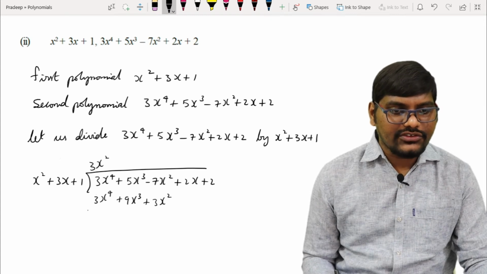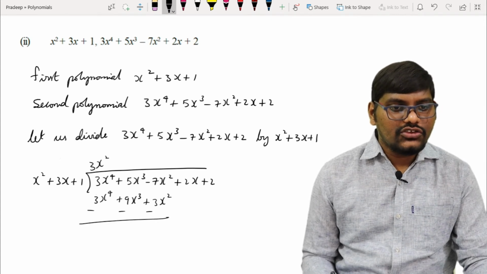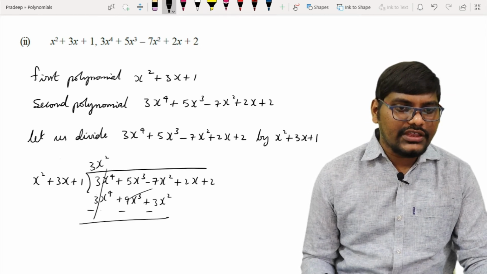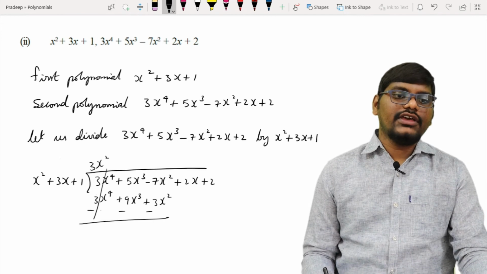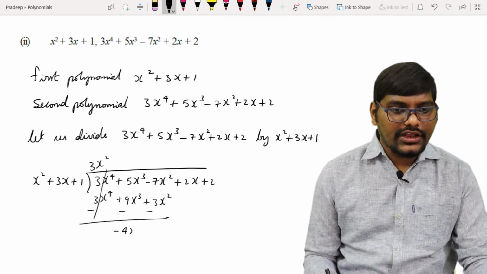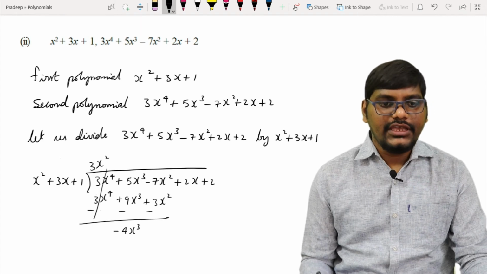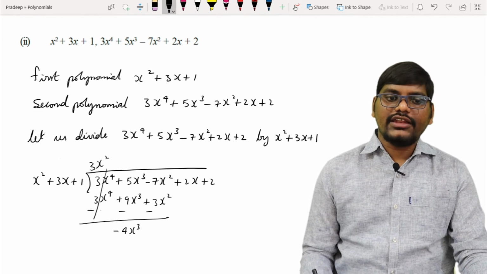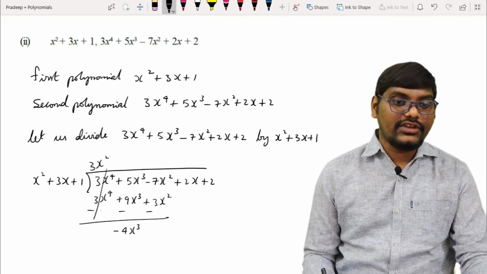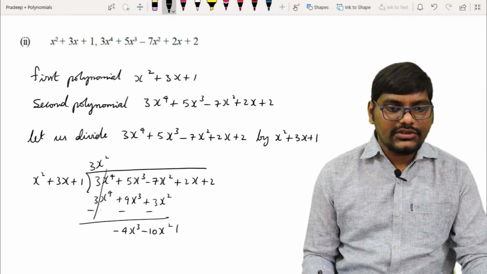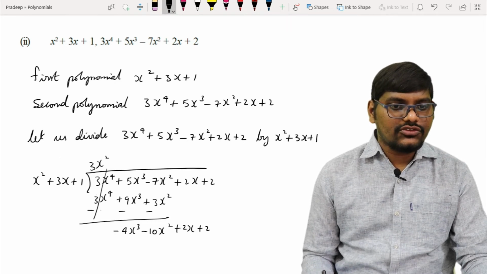We'll change the signs, so 3x power 4 cancels, and here 5x power 3 and 9x power 3: minus 9 plus 5 is minus 4x power 3. Then minus 7x square minus 3x square is minus 10x square. We'll write the remaining terms, plus 2x plus 2.